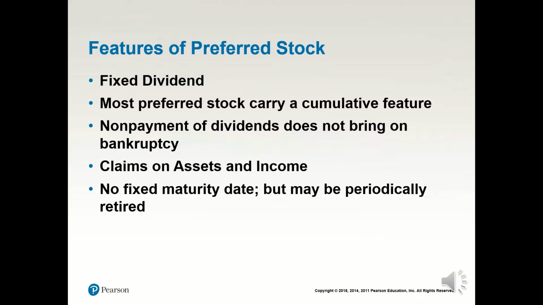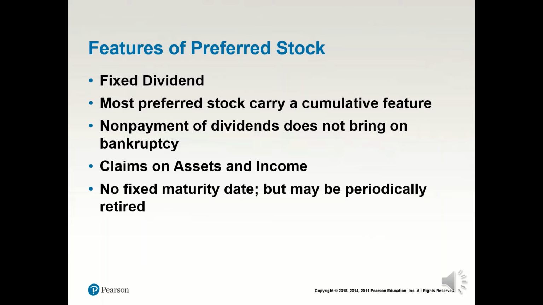So let's review the differences between preferred stock and common stock. First of all, preferred stock has a fixed and known dividend, where common stock, the dividend is not known from year to year. With most preferred stock, there's a cumulative feature on the dividends, whereas if there's a tough year or two, those dividends are still expected to be paid, but may be paid in the future.